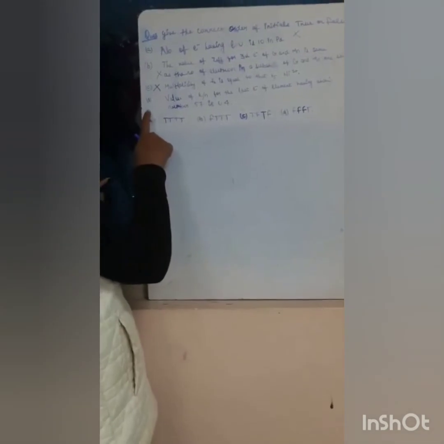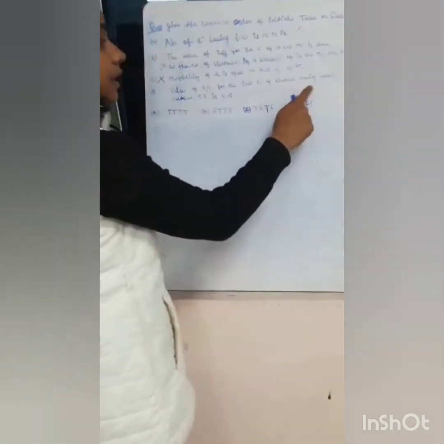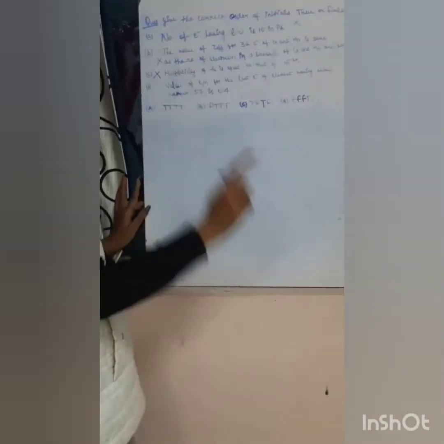The fourth statement is: the value of L by N for the last electron of the element having atomic number 57 is 0.4.